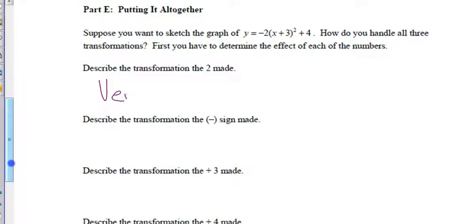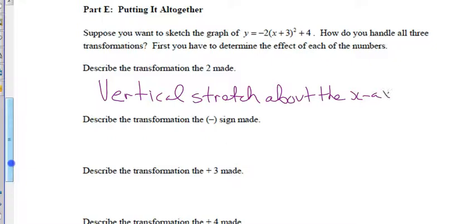It changes the vertical graph. So I'm going to describe it as about the x-axis, right?